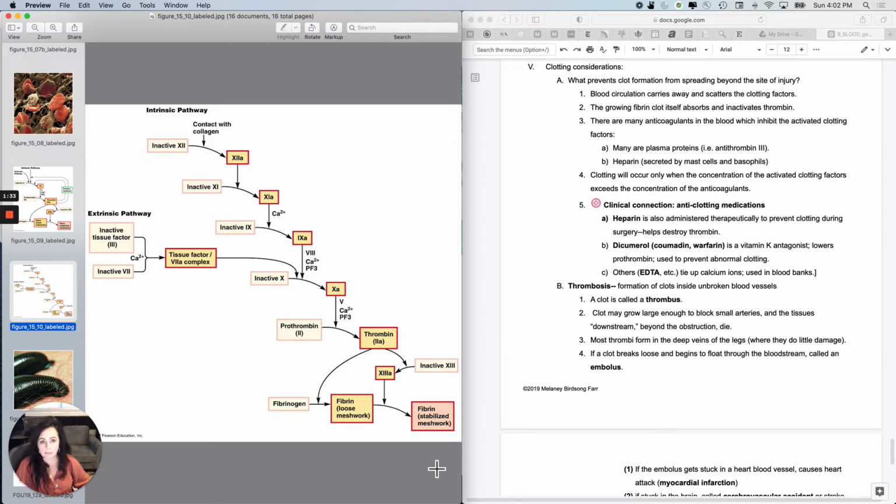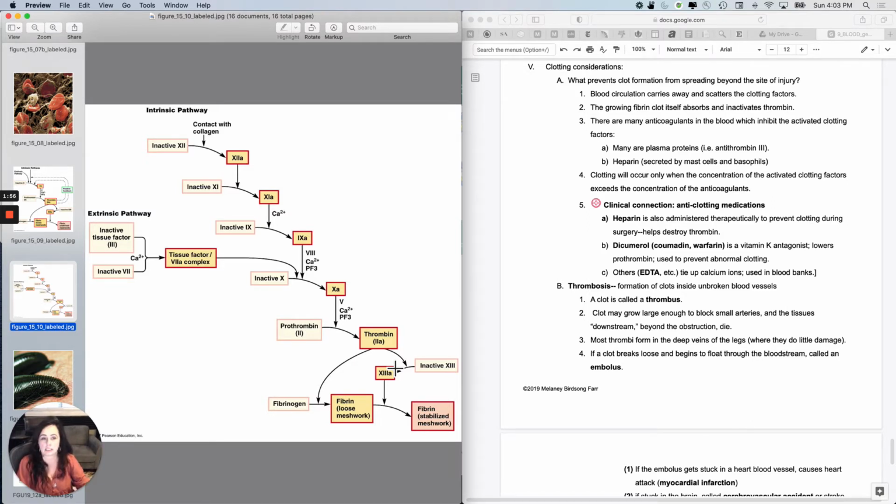There's antithrombin 2, there's heparin. Those are present in the bloodstream all along, and they're kind of also hemming in the clot. So clotting will really only occur when the concentration of these activated coagulants exceeds the concentration of the anticoagulants. But remember, you're always carrying things away and bringing more anticoagulants.